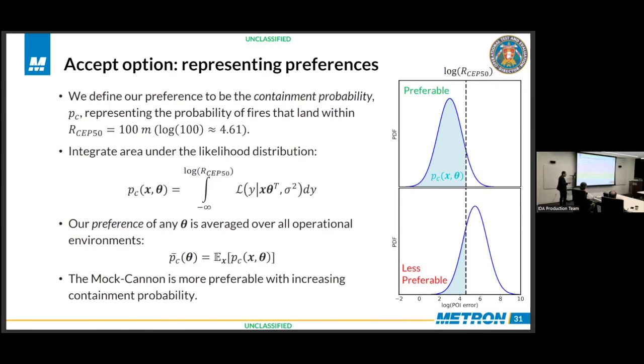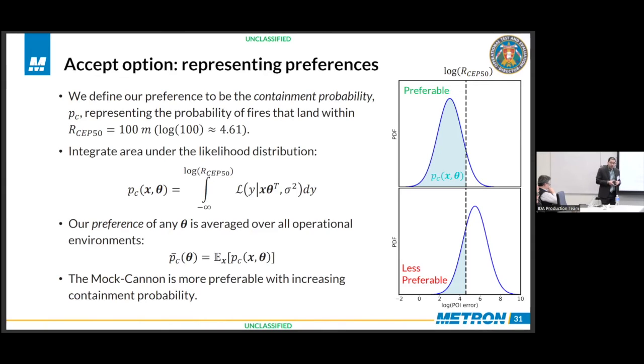Next, the accept option. Okay, it's a little more complicated, but now we have to represent our preference depending on when we would accept the system. So our preference will be relative to the containment probability. What's that fraction of points that was contained within that CEP circle? The more points, the higher the fraction, the more accurate the system.